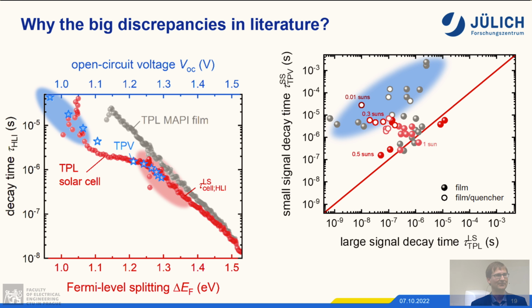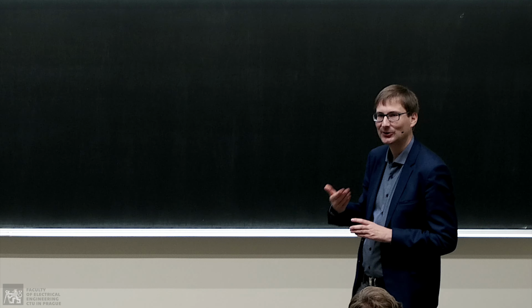That gives you really long decay times that are not lifetimes in any sense of the word. The TPL, usually you do that at higher laser intensities because that's when it's easier to measure. At higher laser intensities, even if you do it on a cell, you wouldn't necessarily see this. So you generally get shorter lifetimes from the transient photoluminescence.